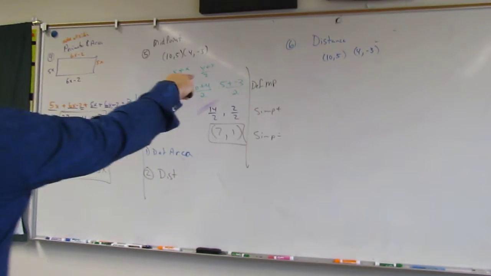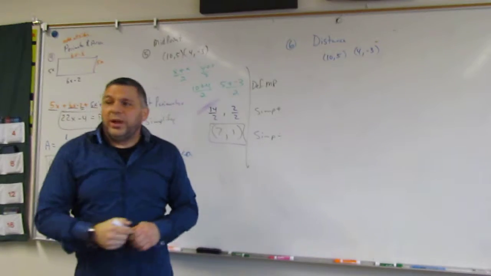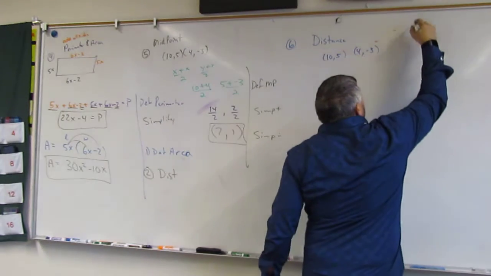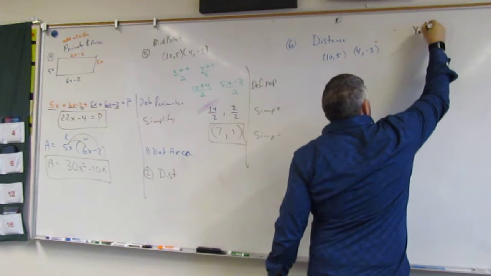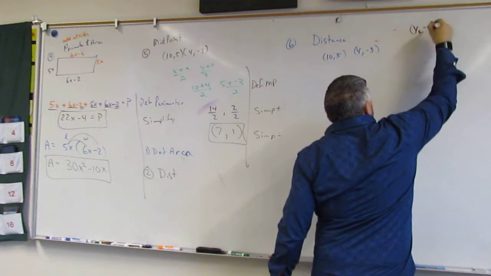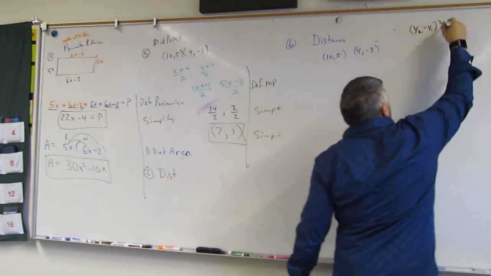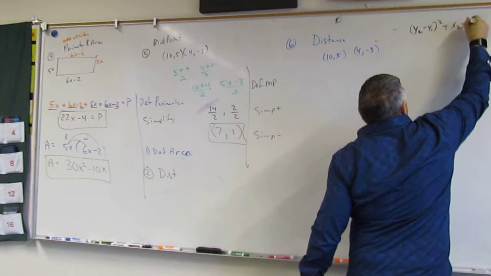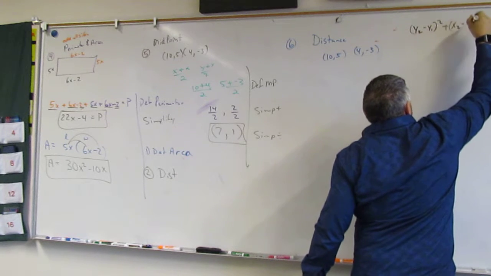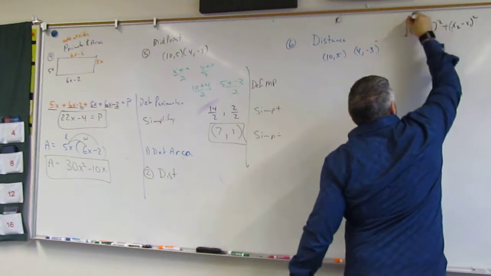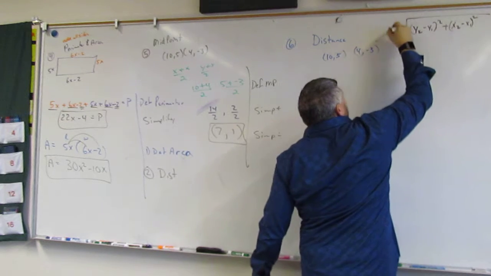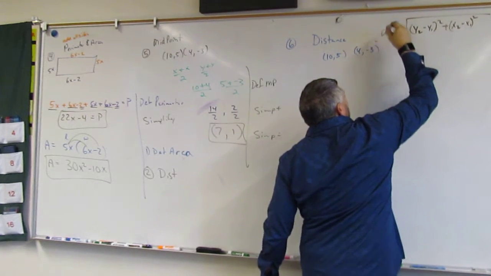So, distance formula. Remember, we have a distance formula. It's y sub 2 minus y sub 1 squared plus x sub 2 minus x sub 1 squared, all square rooted. And that is your distance formula.